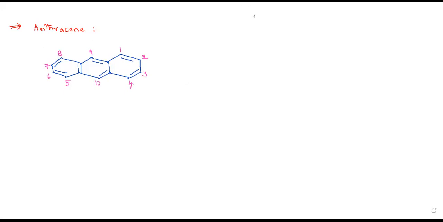See, in anthracene, C9 and C10 positions are fixed. We can actually take its 4 resonance structures.